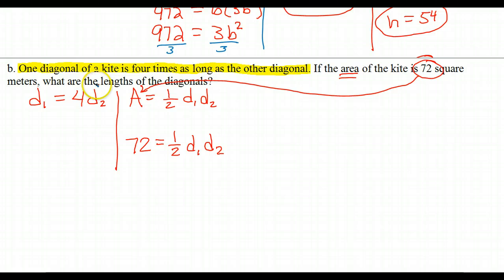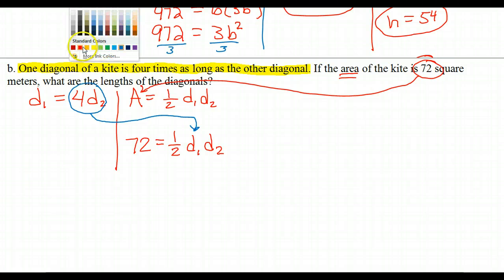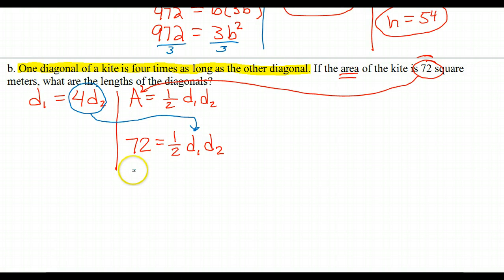But we also have this. Alright, diagonal 1 is equal to 4 times diagonal 2. So if diagonal 1 equals this, I should be able to take this and substitute it in for diagonal 1. So if I do that substitution, this equation becomes 72 equals 1/2.